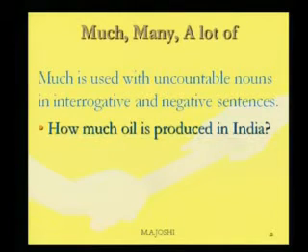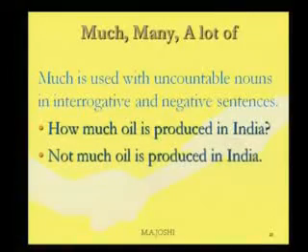For example, how much oil is produced in India? The answer is, not much oil is produced in India. The first sentence is an interrogative sentence. The second sentence is a negative sentence.